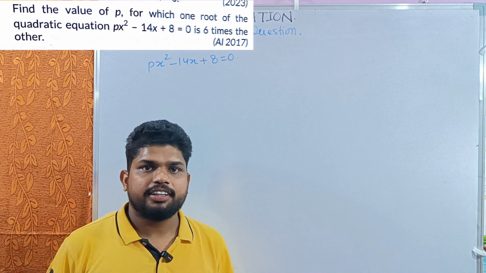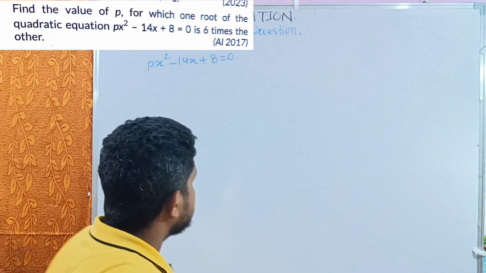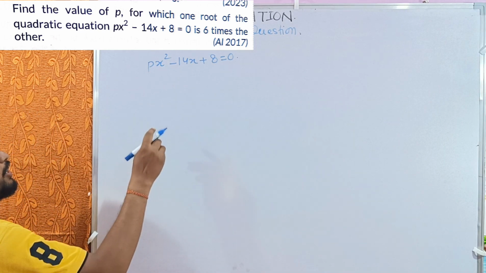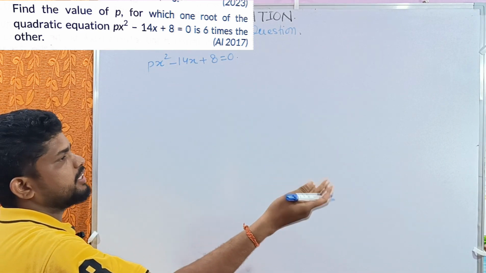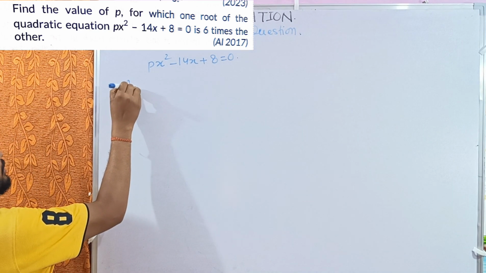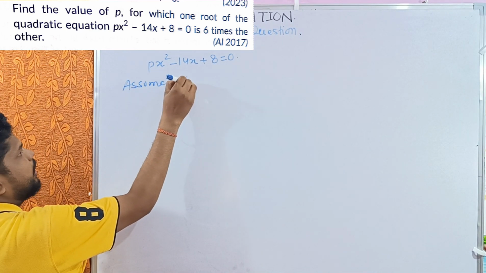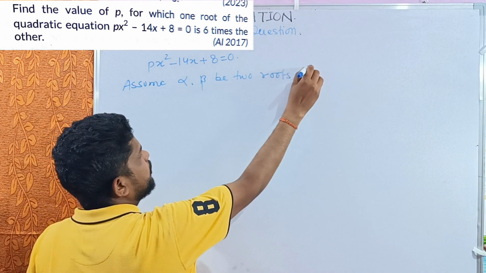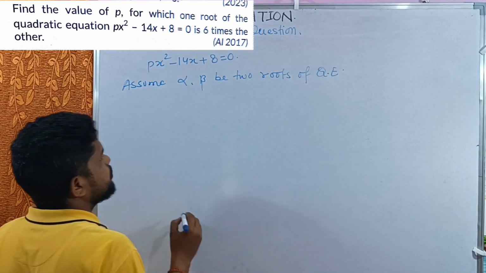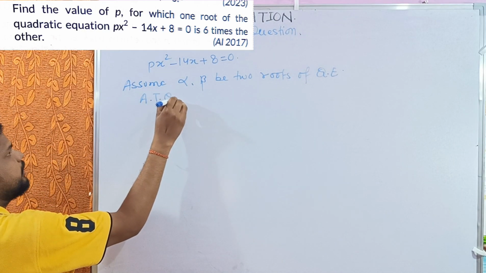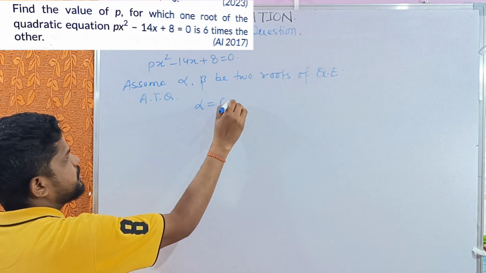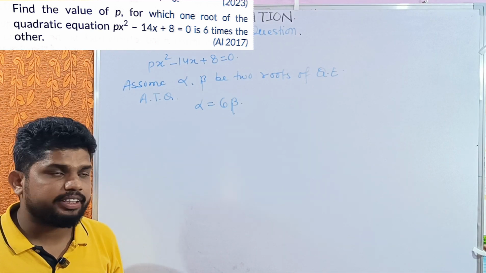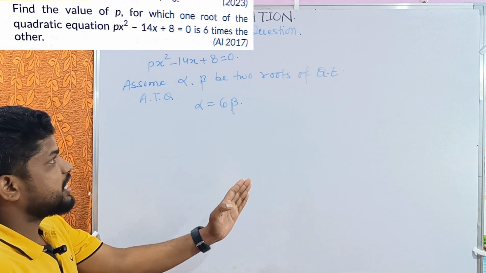Now see the solution. Dear students, we are given the quadratic equation px square minus 14x plus 8 equals 0. It is said that one root is 6 times the other. So if we assume that alpha and beta are the two roots, then according to the question alpha is 6 times beta.